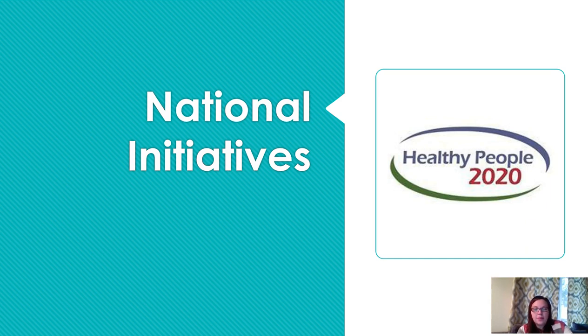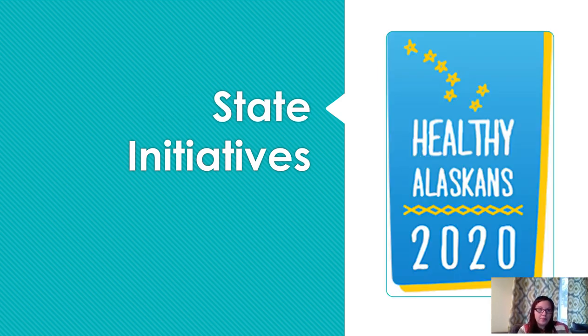And really what they've done is taken a look at what are our biggest issues in the state, and then narrowed that down even further. Okay, what are the biggest issues among the biggest issues, and creating some objectives and then starting to tackle those.